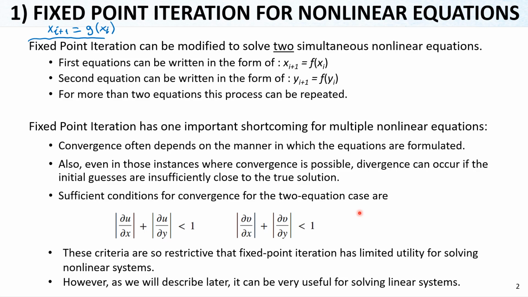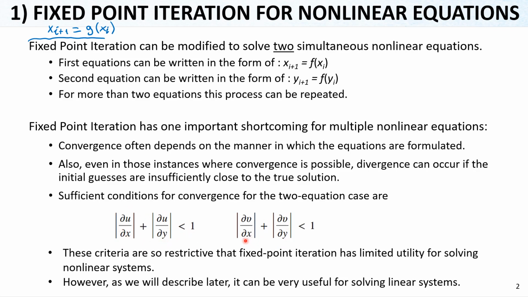There is a sufficient condition for convergence, for example, for the two equation case: the partial derivatives of the first function, u, and the second function, in terms of x and y, the unknown variables, the summation of them should be less than 1 for the absolute values.